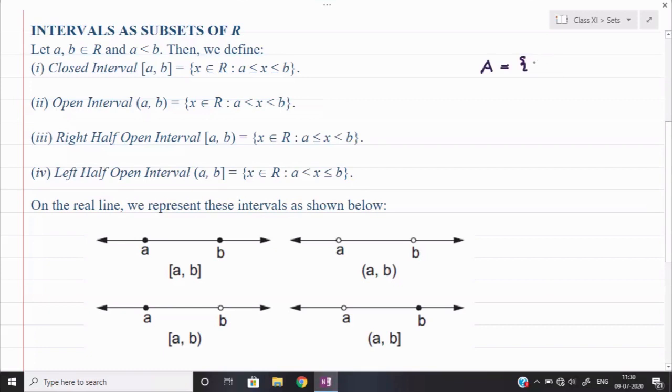A is equal to {x such that x belongs to R, and the value of x is more than or equal to 2, and the value of x is less than or equal to 3}.